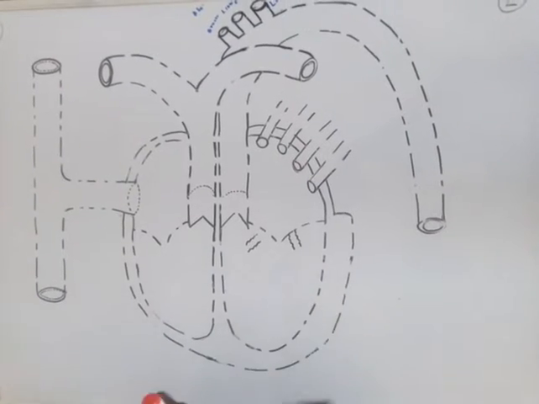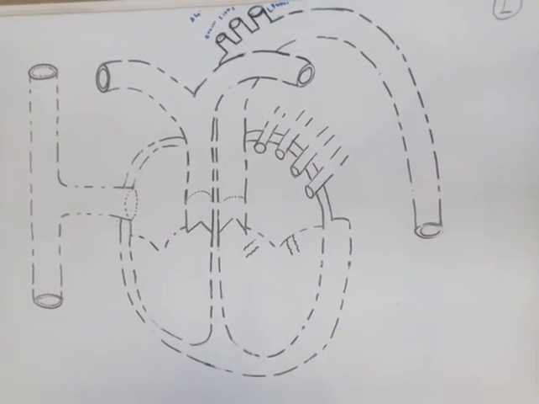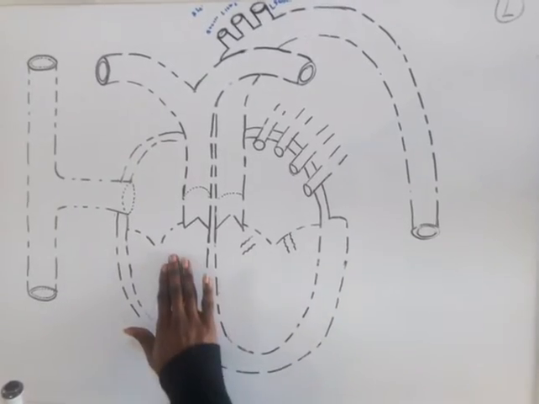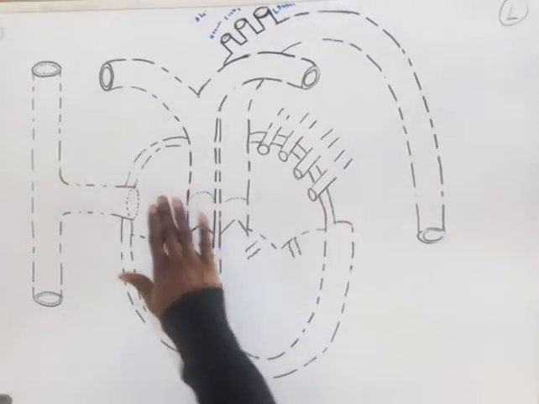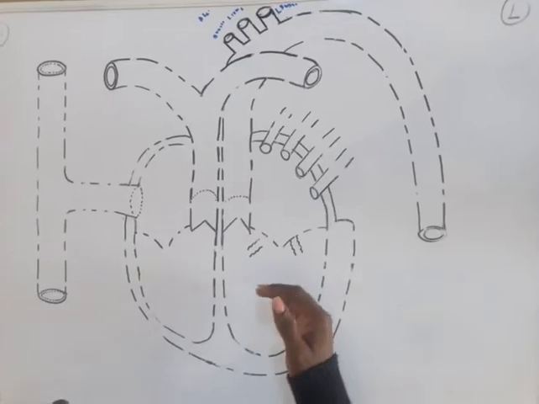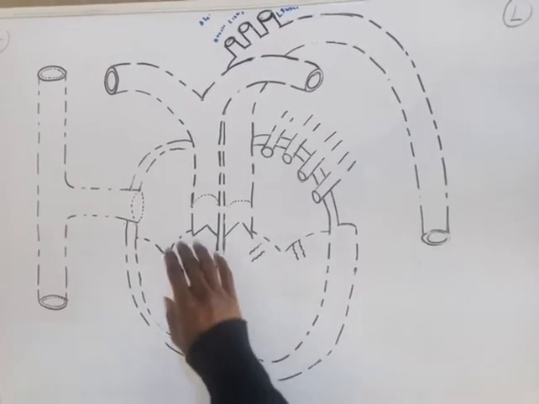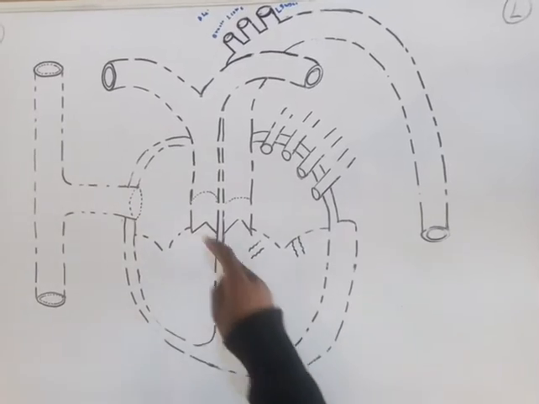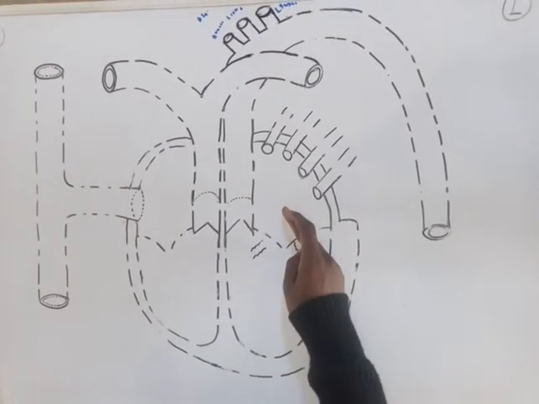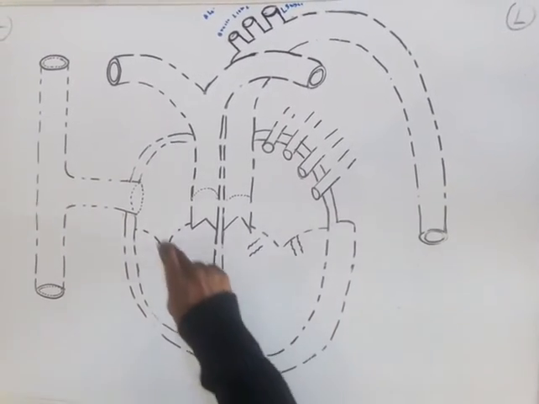That is 4 chambers. In the first chamber, the word chamber means room. So there are 4 rooms: 1, 2, 3, 4.